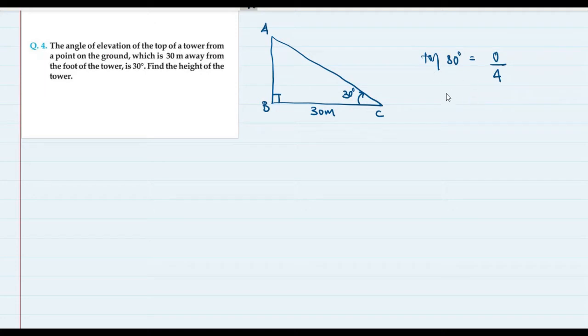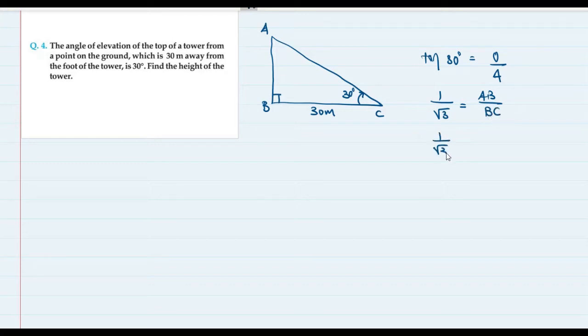If you know the trick, you quickly figure out that I have been given the adjacent and I have to find the opposite, so what is the relation between O and A? It is tan. Okay? So tan 30 is 1 by root 3, opposite which is AB, and adjacent which is BC.